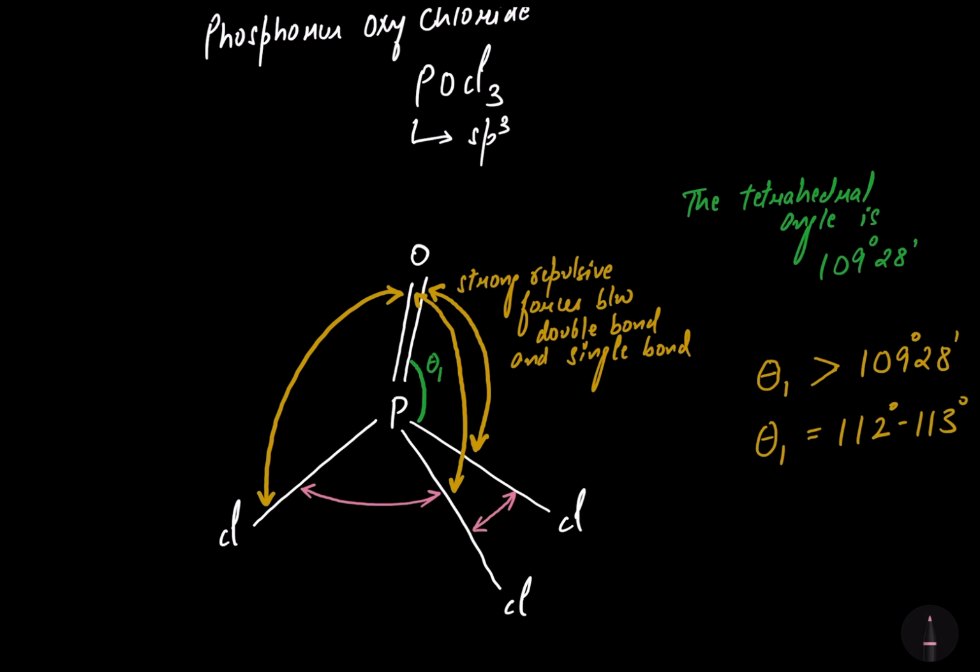So let's talk about the bond angle between the two single bonds, that is theta 2. You can imagine it in 3 dimensions: as the value of theta 1 increases, it will cause the constriction or decrease in the value of theta 2.